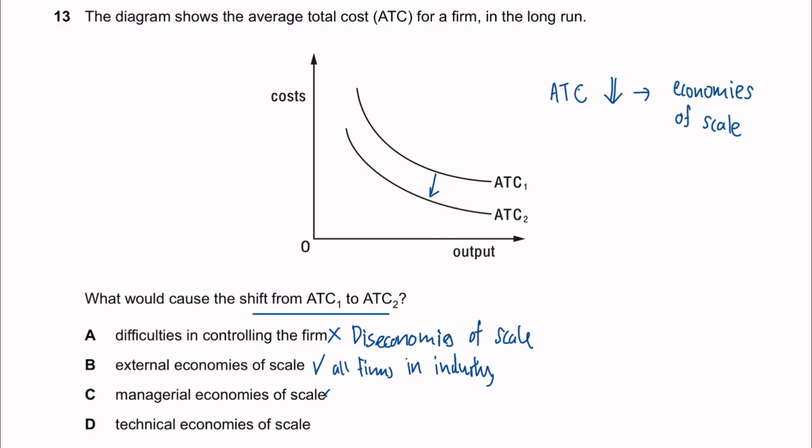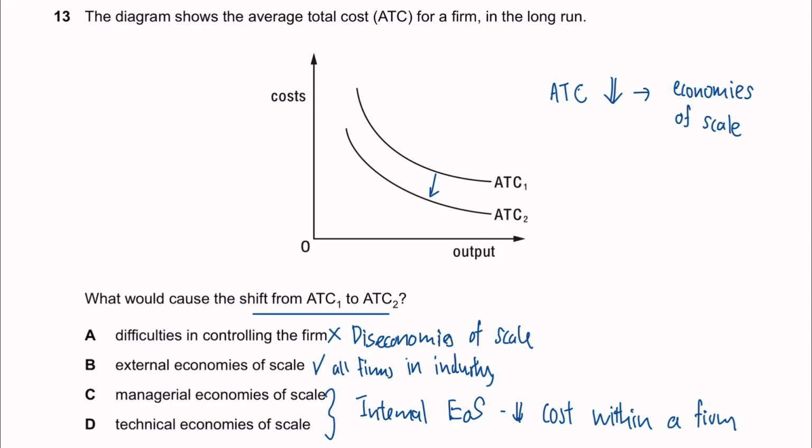And these two, C and D, managerial economies of scale and technical economies of scale, are internal economies of scale. Okay, they will reduce the cost within a firm only, rather than across all firms in the industry.